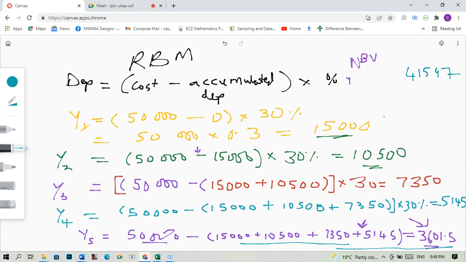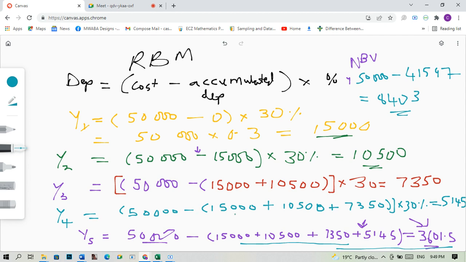Then we're going to subtract that from 50,000. So you say 50,000 minus 41,597. You're going to get 8,403. That is the net book value for year 5.